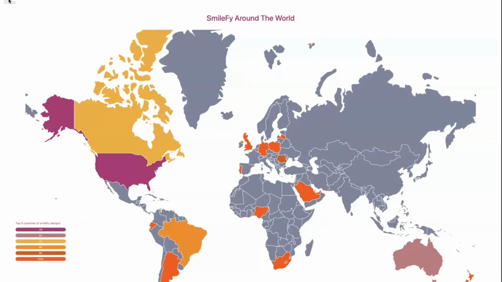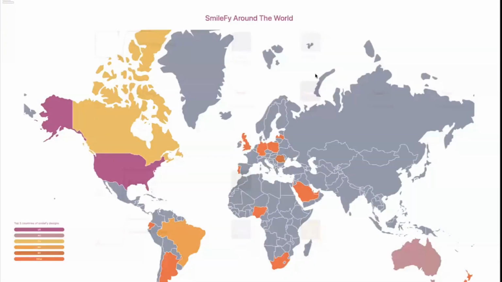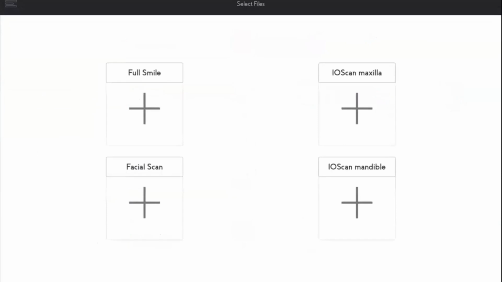Change the mockup in minutes when you have to, and then print the mockup in the first appointment. How that works is interesting and exciting, and I'm very happy that I can present you a new way to design cases.